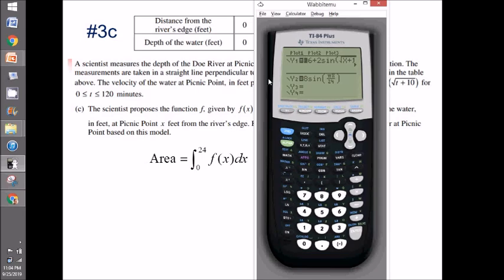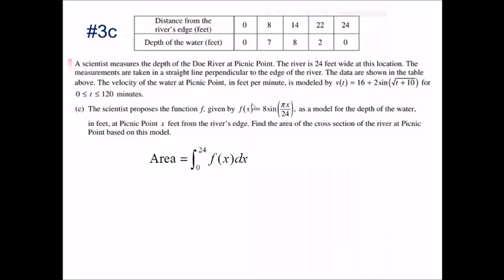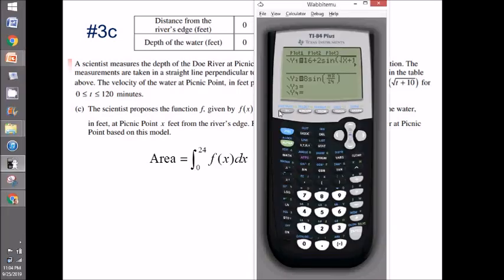On my calculator, I took that 8 sine of pi x over 24 function that they gave us, and I put that in my y2, just to make it easier to work with. So let me quit out now. And now let me do math 9, 0 to 24 of alpha trace y2, because that's where I stored my f function, and then dx.